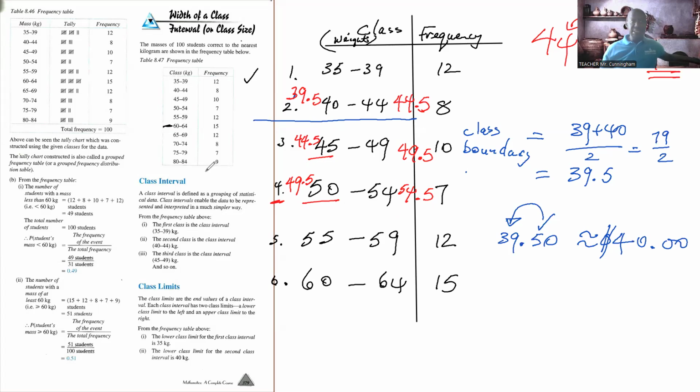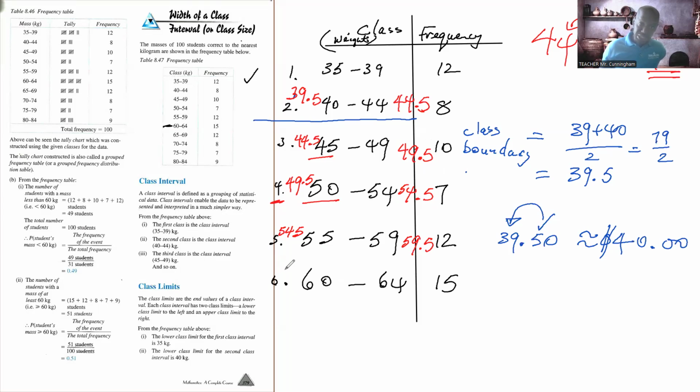All right. Garcia, next one. It will be 54.5, and for the upper boundary, it will be 59.5. So it's always 0.5, everybody. Jedediah, last one.